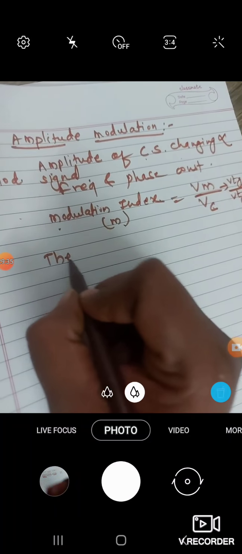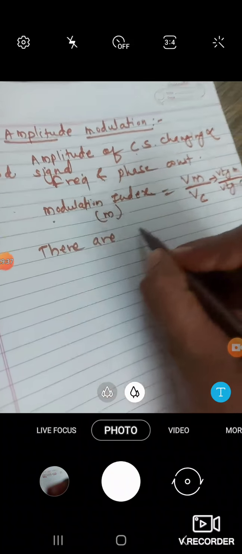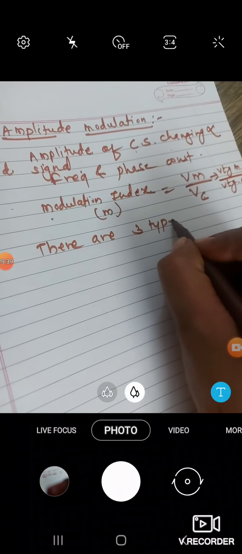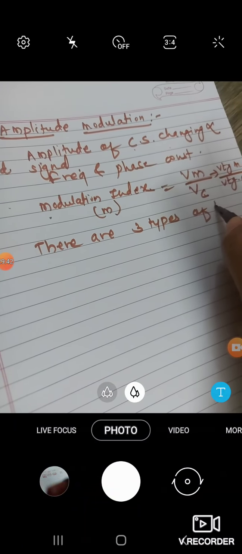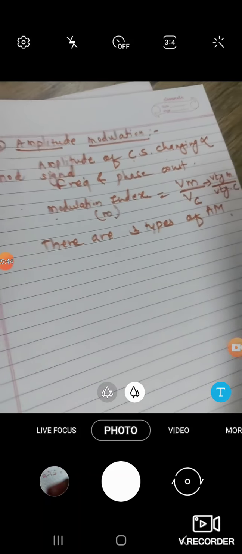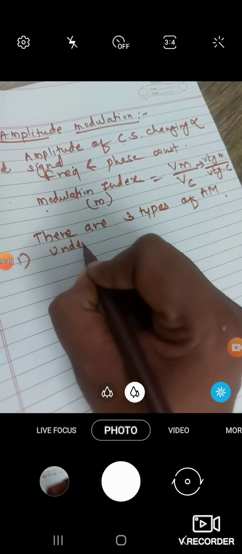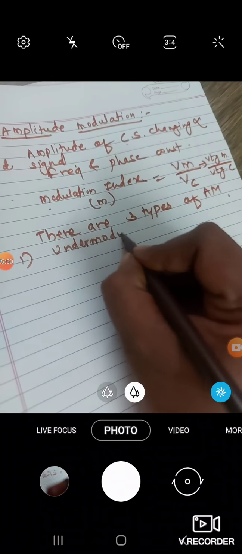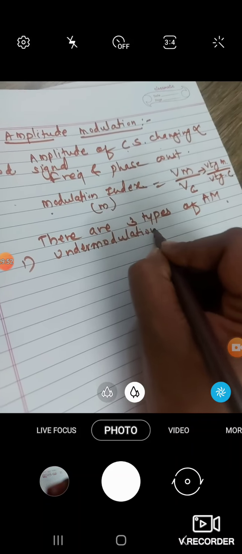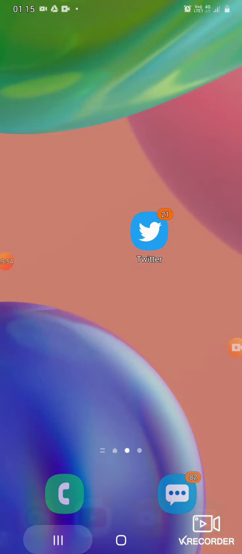So there are three types of AM. The first one is under modulation.